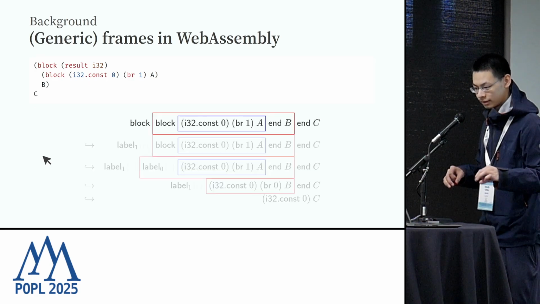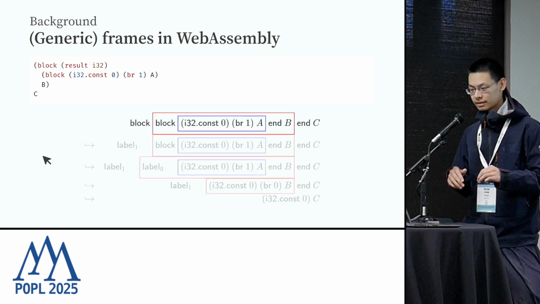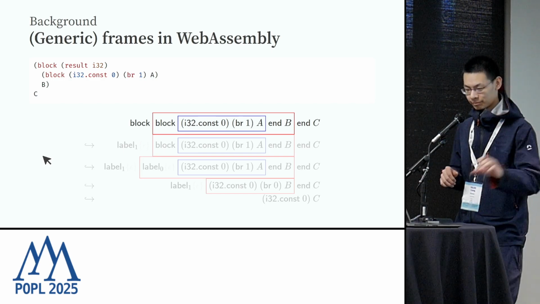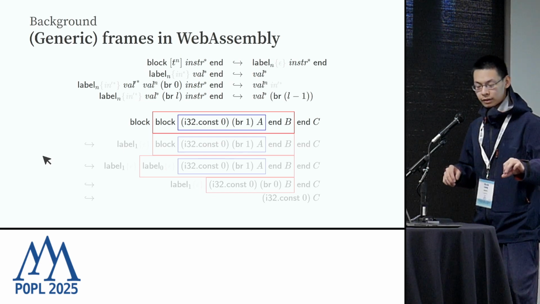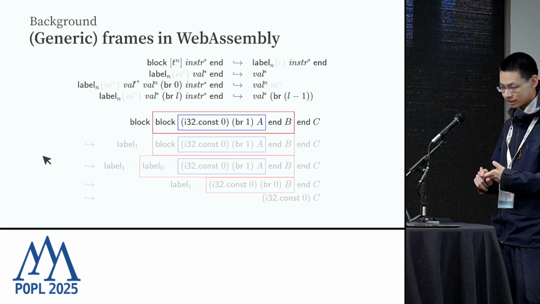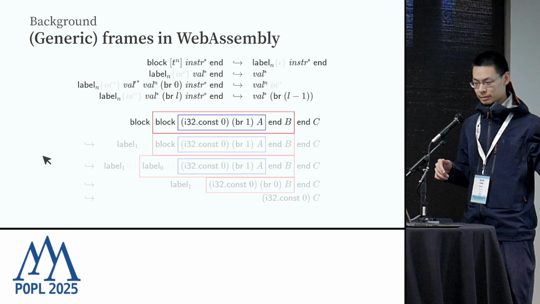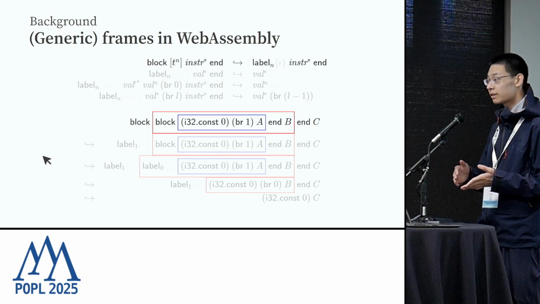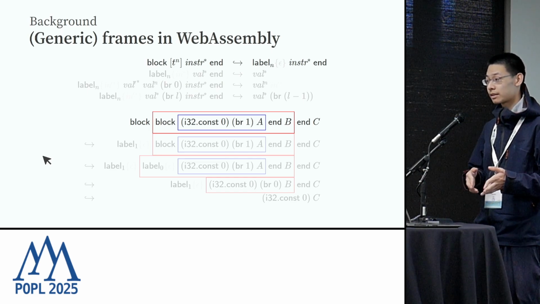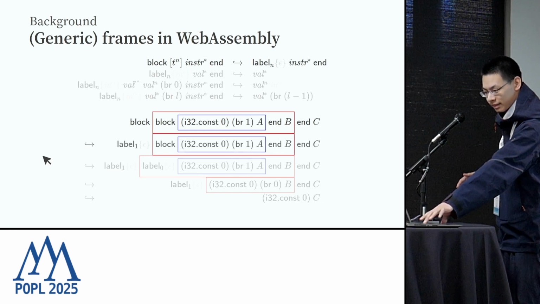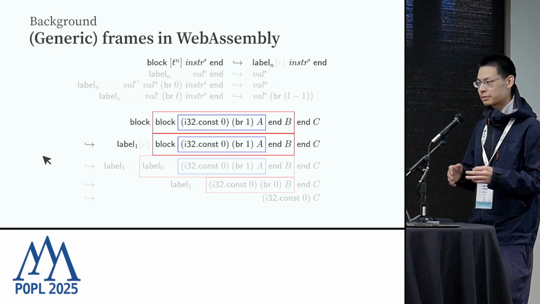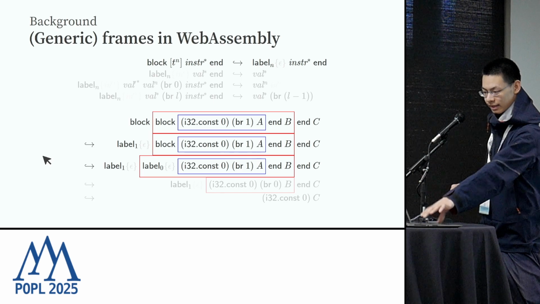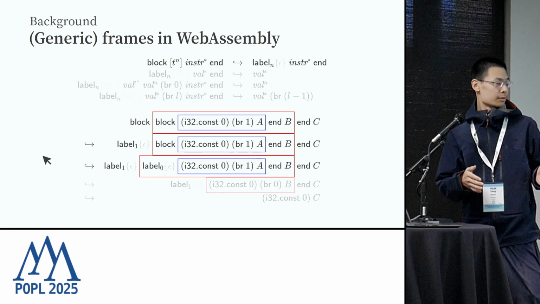Okay, let's consolidate a bit. In the stack, it is like this. The rows of the blocks and the branches are above. To execute the 2 blocks, we first transform the block into a label, which is a frame, which we call a frame. The outer block is translated into a label.